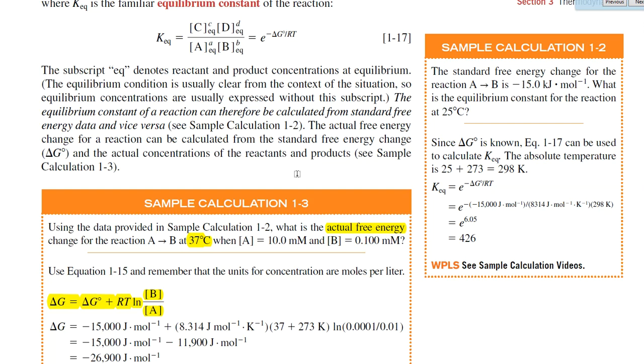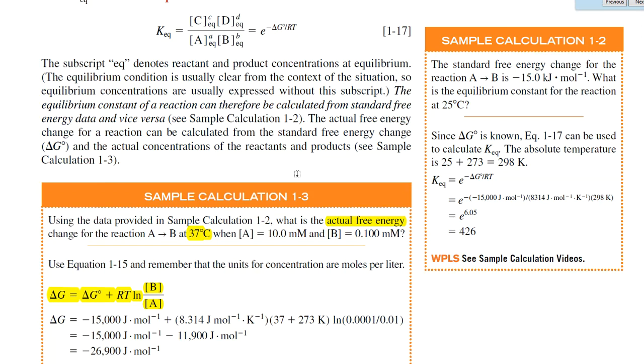Say for example, we know the value of del G0 is minus 15,000 joule per mole, the value of R is 8.314 joule per mole per Kelvin, and T is 37 degrees centigrade converted into Kelvin, which is 37 plus 273. Then ln B by A, the concentration of B by the concentration of A. Solving this, we will get the value of del G.